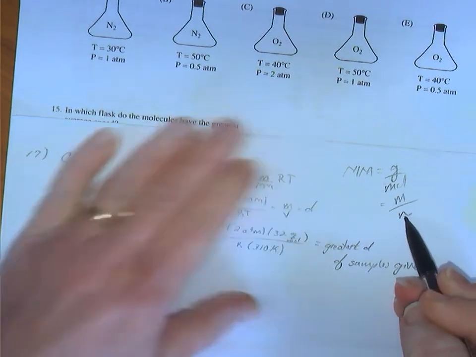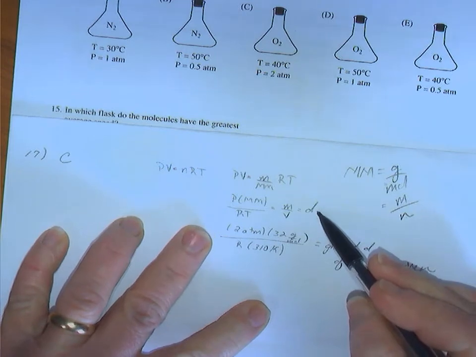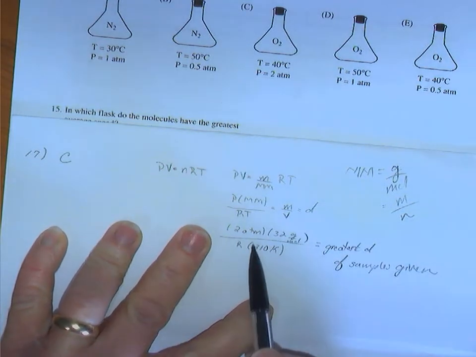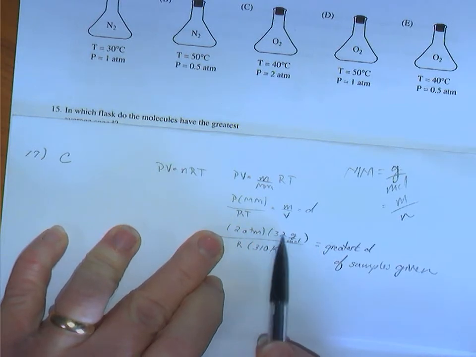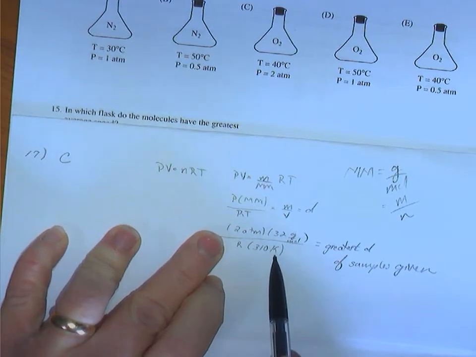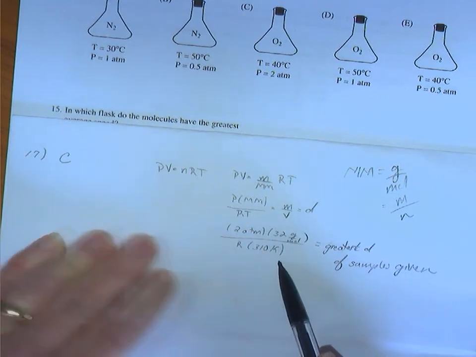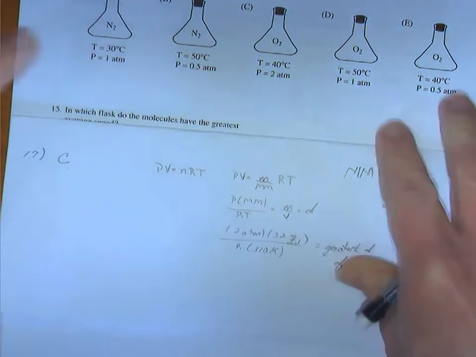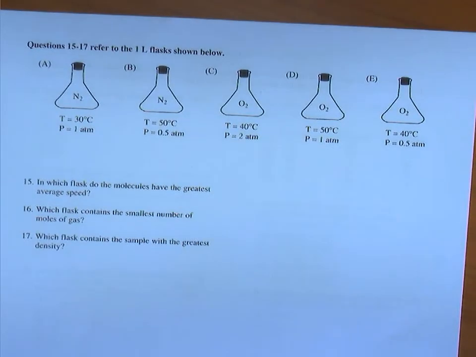Solve this for n, plug in, and then rearrange things to get an expression of density. So I want the greatest pressure, the greatest molar mass per the smallest temperature. And the combination that yields that is C. So a good reminder, ideal gas law and speed of gas, some good things about gases.